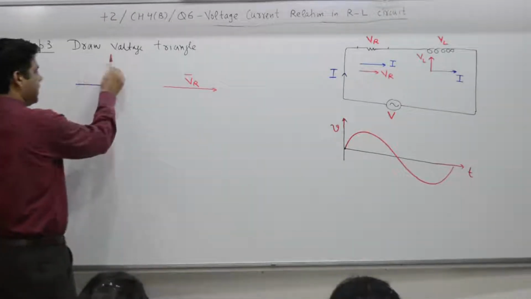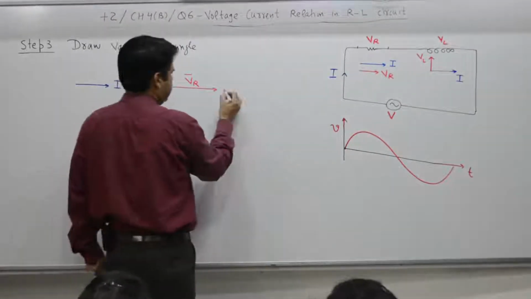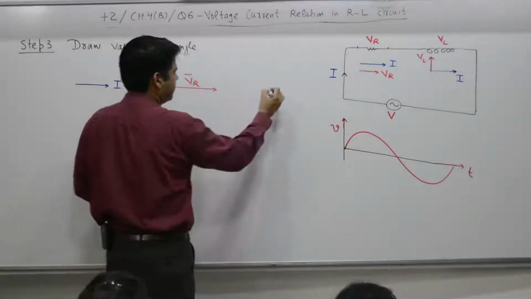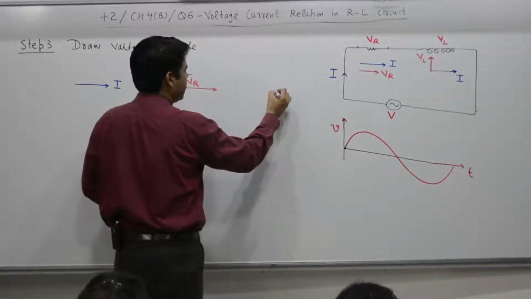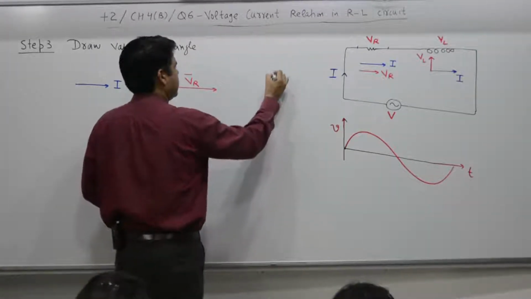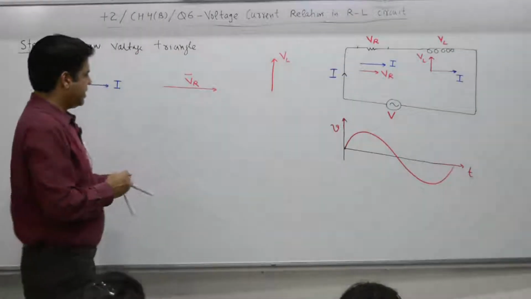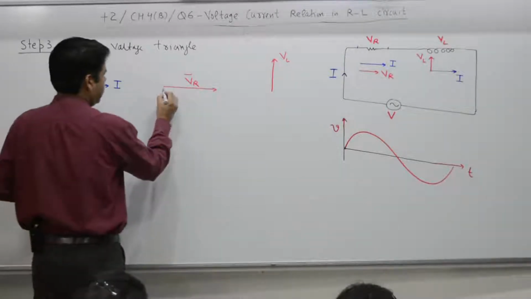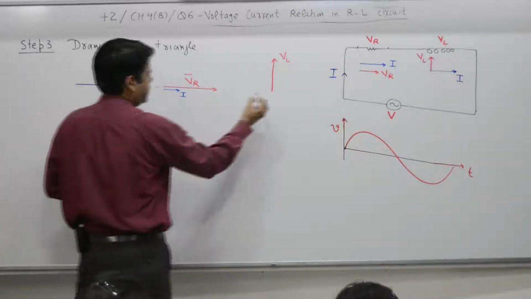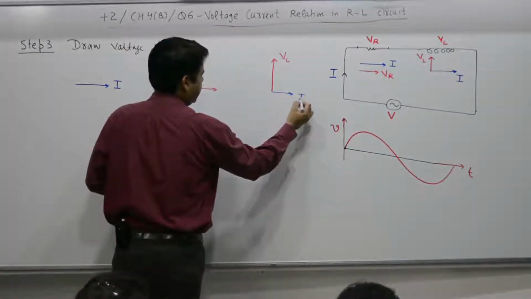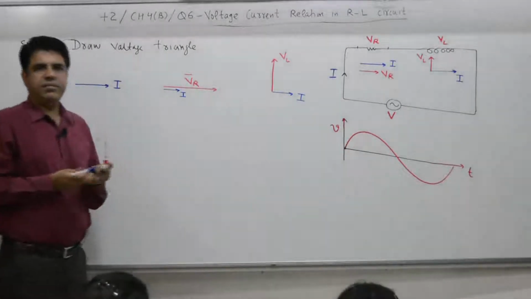So if you take this current as reference, VR is along it, and VL is to be marked at this point. Here current is in phase, and current lags voltage by pi by 2.